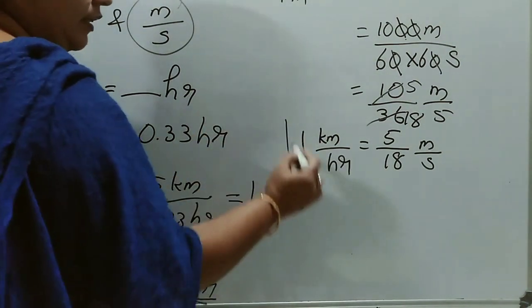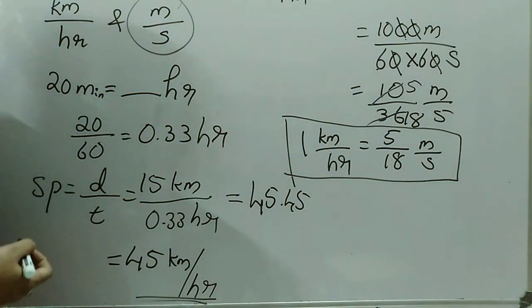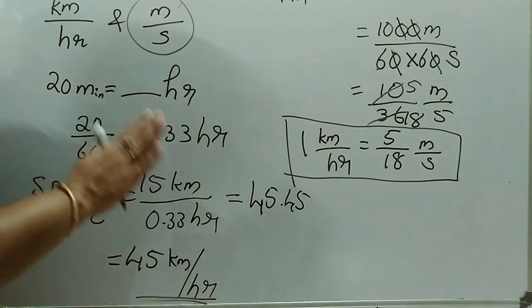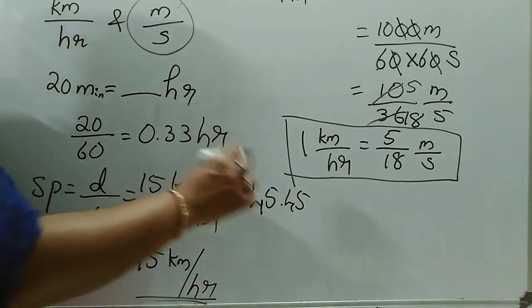This is a very important formula you need to study. 1 kilometer per hour is 5 by 18 meter per second. We have one more formula. I am saying this right now because it will be useful for the next problem. Just reverse.